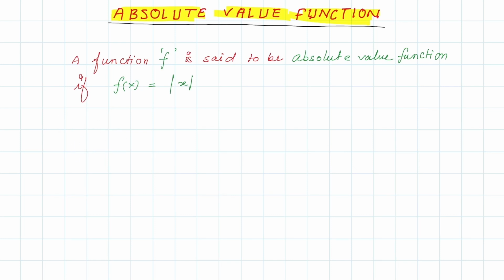Okay, so let me have a table here. So first let us consider y is equal to f of x. Okay, so y must be mod of x. Now let us find corresponding values of x and y in order to draw the graph.